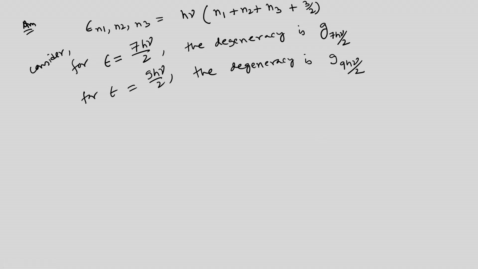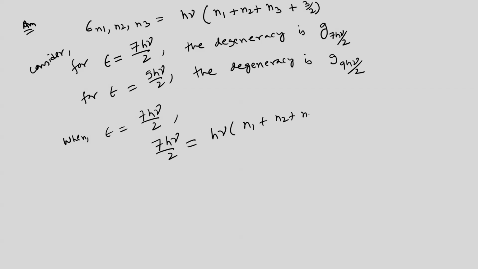So, how to calculate degeneracy? When epsilon equals 7 h nu by 2, we can write 7 h nu by 2 is h nu times n1 plus n2 plus n3 plus 3 by 2.